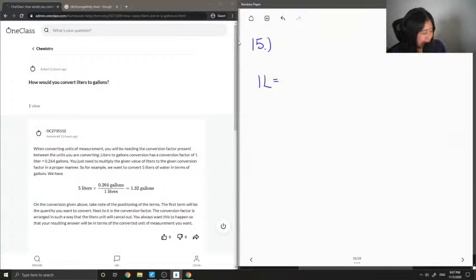I don't know how long it's been like that, but the conversion factor from liters to gallons is in 1 liter there are 0.264 gallons.